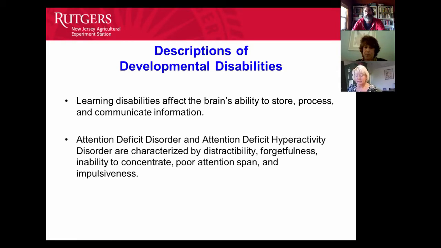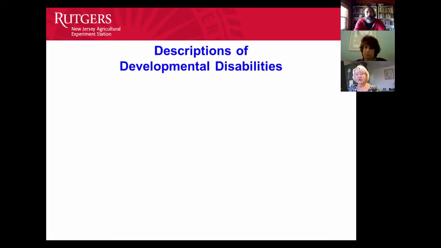Attention deficit disorder, also known as ADD, is characterized by distractibility, forgetfulness, inability to concentrate, poor attention span, and impulsiveness. Attention deficit hyperactivity disorder has the same characteristics as ADD, but also includes hyperactivity.